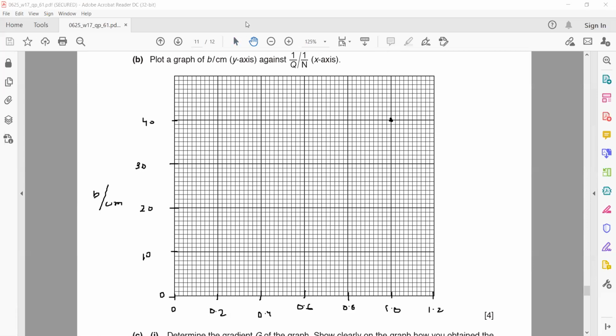So 19.5 and 0.5. Each box is representing 1, so between 19 and 20, I will get 19.5.